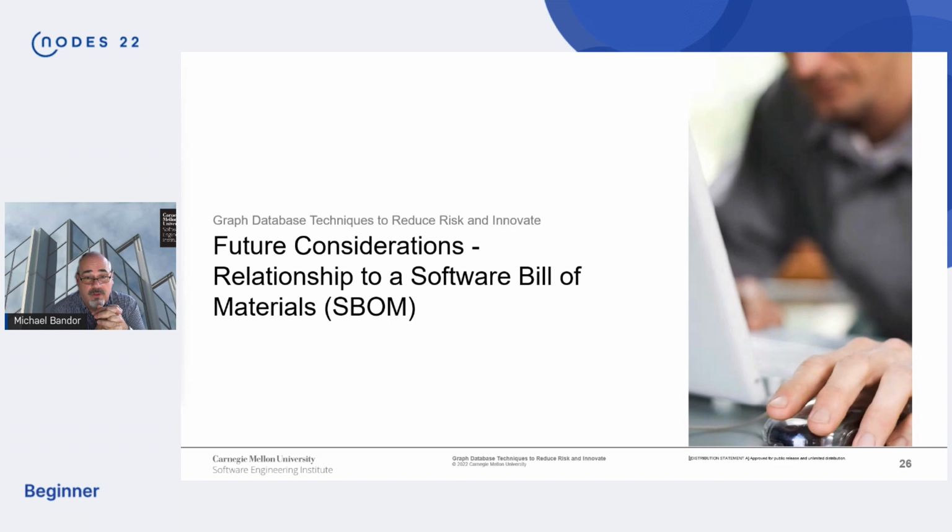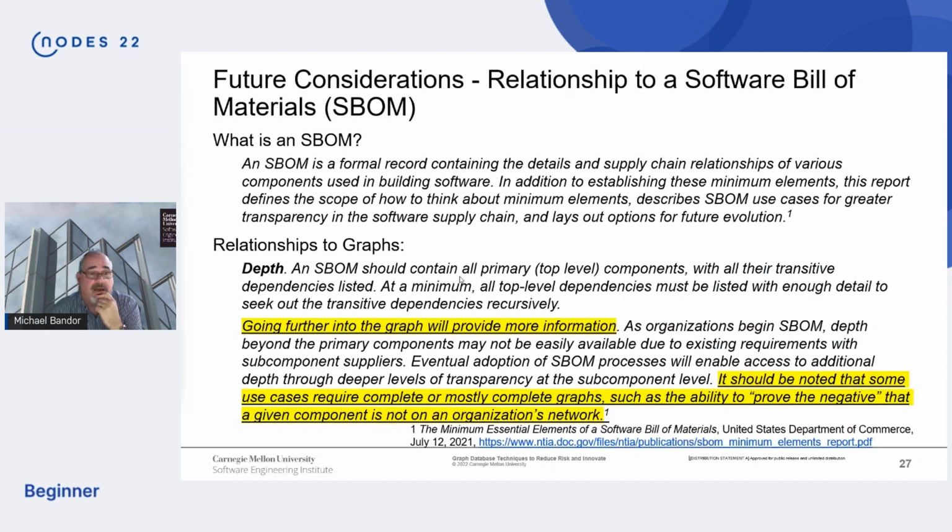So looking at SBOMs, okay, what is it? It's a formal record containing details and supply chain relationships of various components used in building your software. They thought about what are the minimum elements, greater transparency in the supply chain, and laid out options for future evolution.